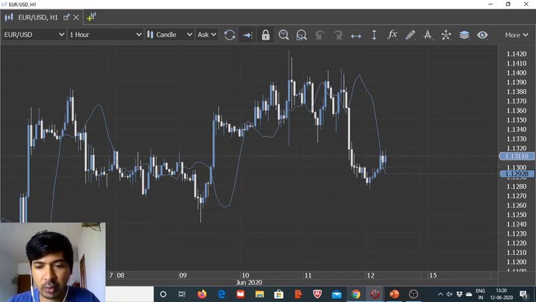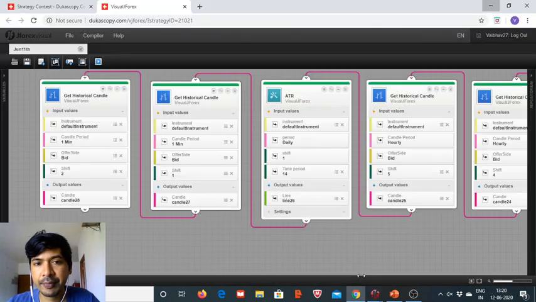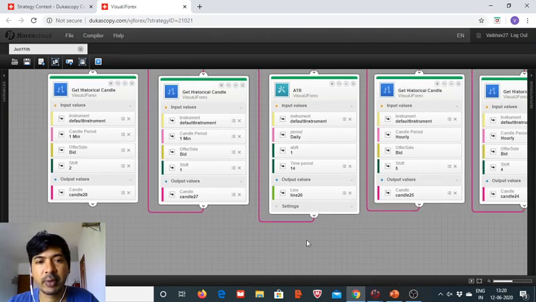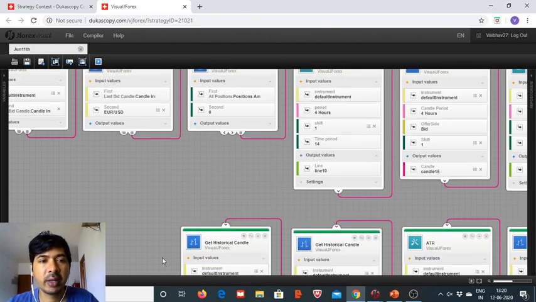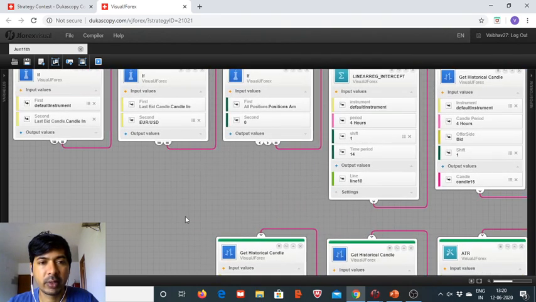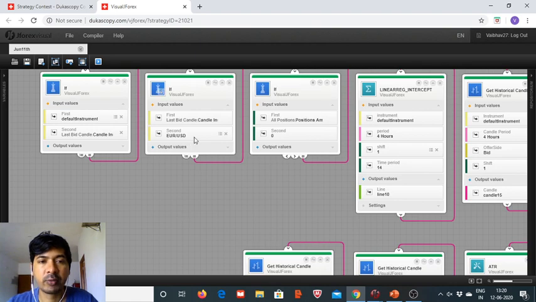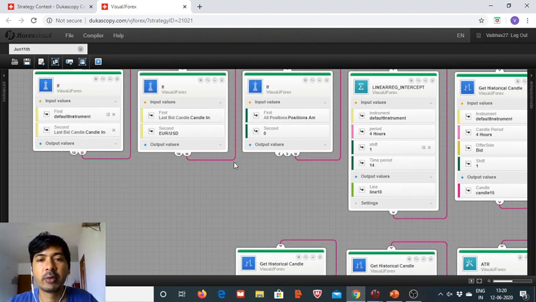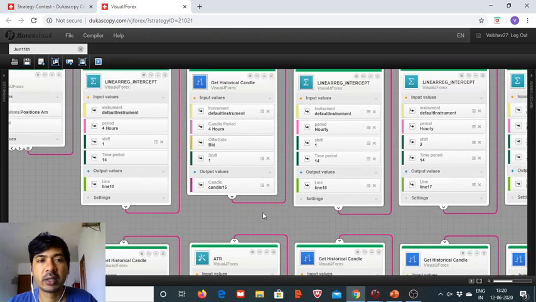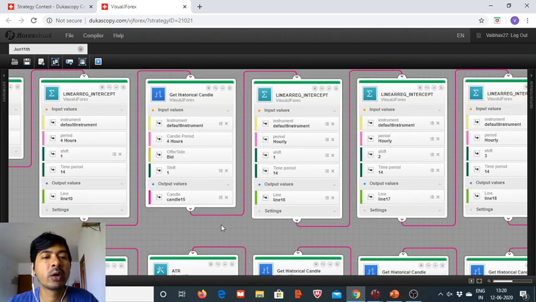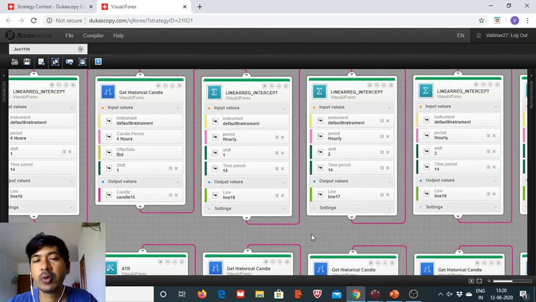So let us now go back on the Visual J Forex platform to see what we have done so far. We did instrument subscription. The instrument has been defined, hard coded for Euro USD. Position amount has been set at 0. Then we got these linear regression intercept blocks, 4 hours and then 1 hour each, with look back period ranging from 1 to 4.